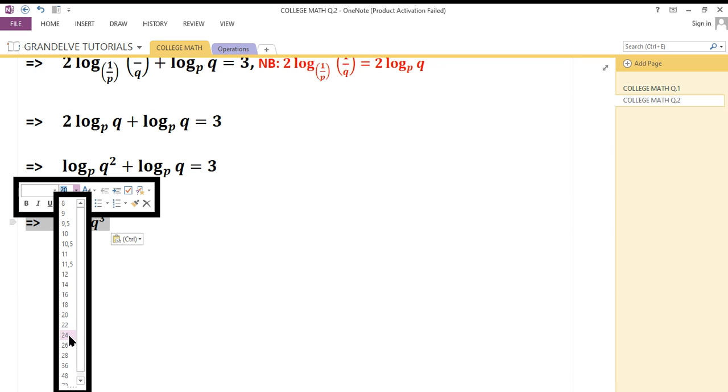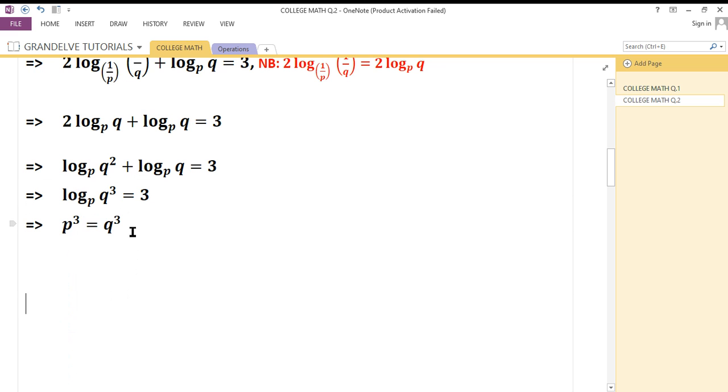You will be happy to see this because this is easy to resolve. Since the exponents are the same, we conclude that the bases are also equal. So we can accept our next step to be p equal to q, right? Good.